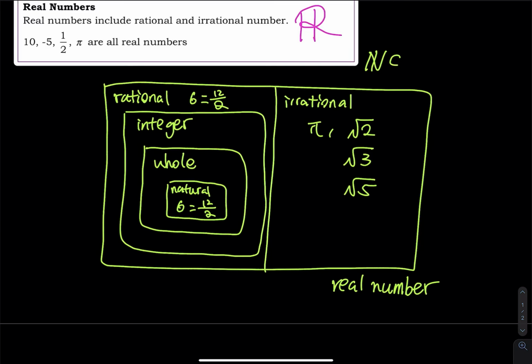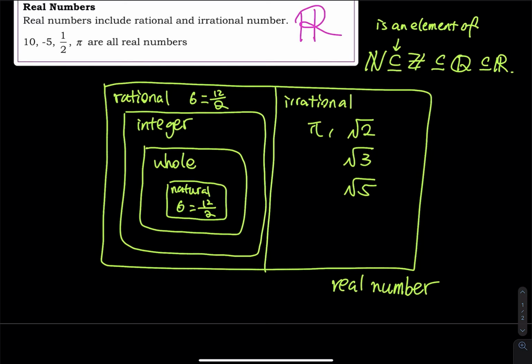We write this symbol as Z with a line. Natural number is an element of, or you can interpret that as inside. So natural number is inside integer. Integer is inside rational number. N, Z, and then Q, and then they are all inside real number.